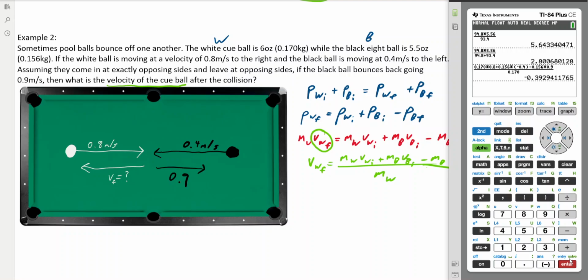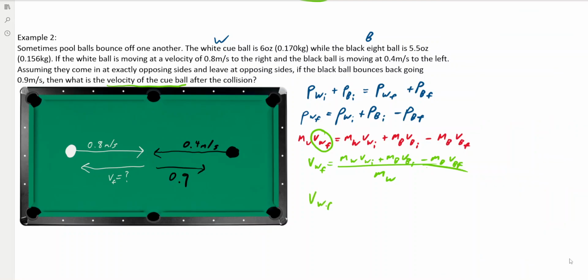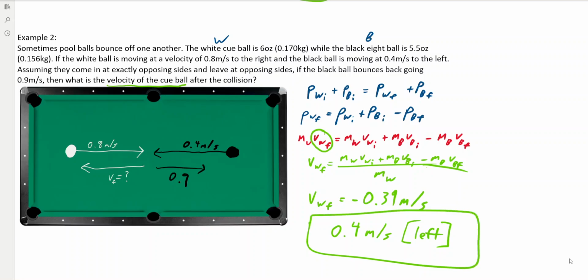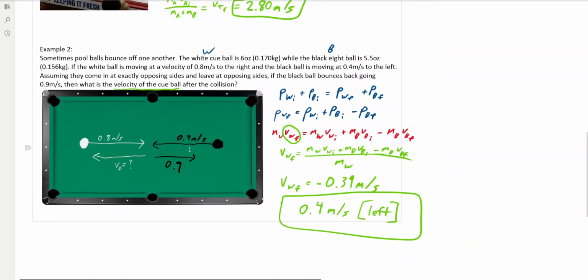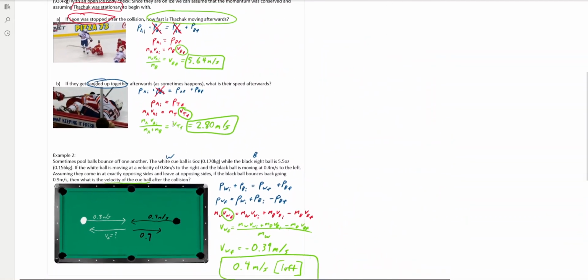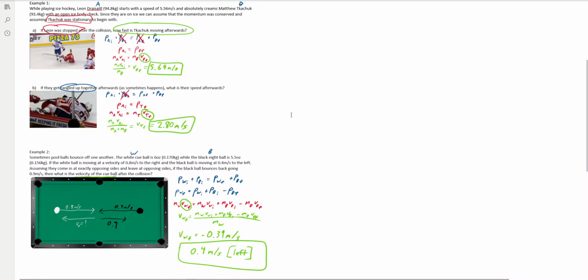And we're going to have an answer of negative 0.39 meters per second. The negative tells us it's going to the left. And because of sig digs, we should actually just have one sig dig. So 0.4 meters per second left. Alright, so I hope this video helps you better understand some linear momentum questions, and good luck!